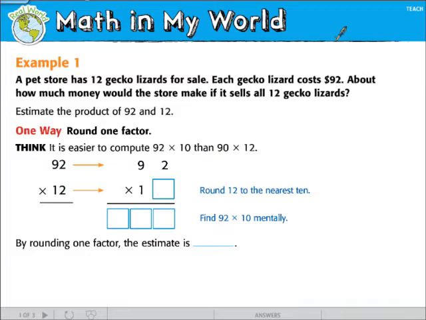It's easier to compute 92 times 10 than it is 92 times 12. So we're going to round 12 to the nearest 10, which will give us 10. So 92 times 10 is, we bring the 0 down, we multiply 1 by each thing. 920.